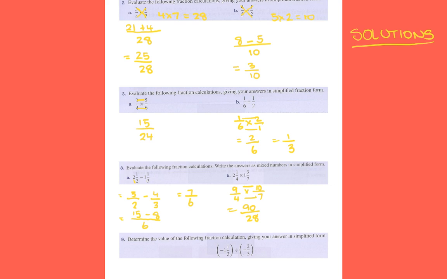And the last question is exactly the same, but we've got negative signs. So 2 negatives make a positive.